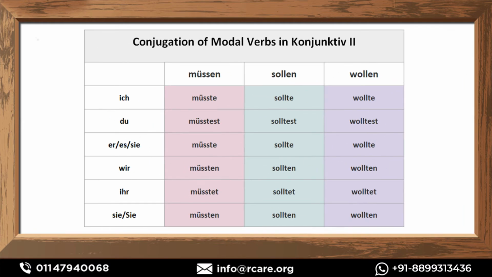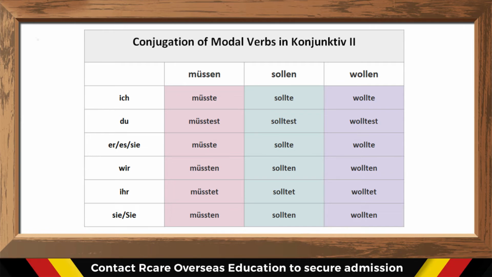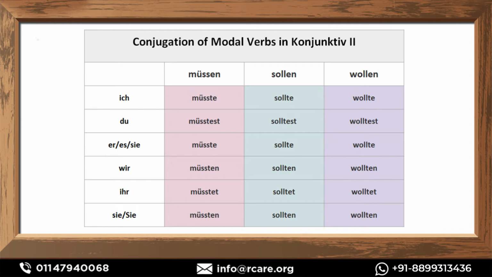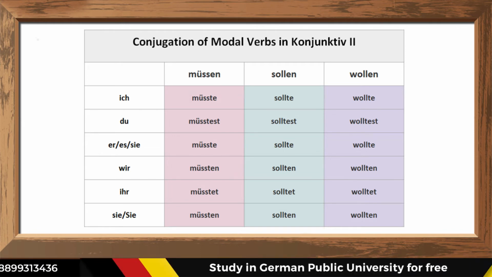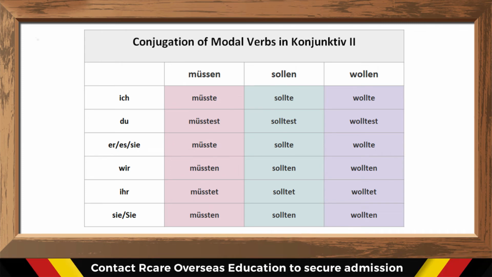Now the next modal verbs are müssen, sollen and wollen. Ich müsste, du müsstest, sie müsste, wir müssten, ihr müsstet, and sie müssten.